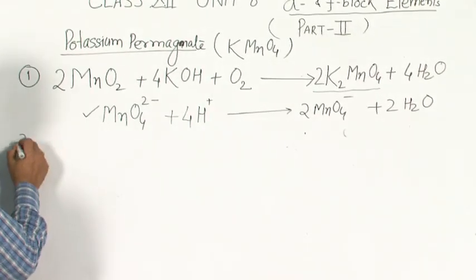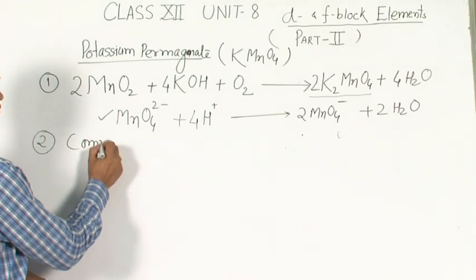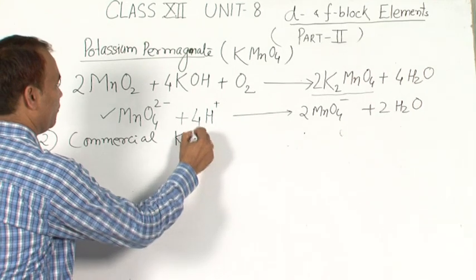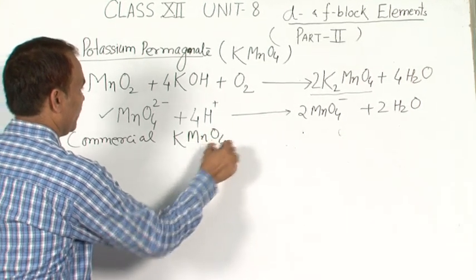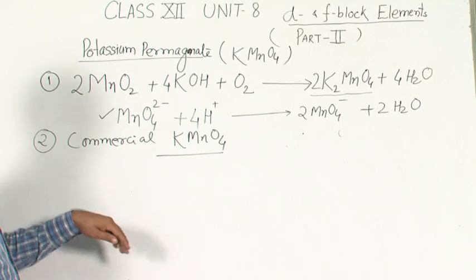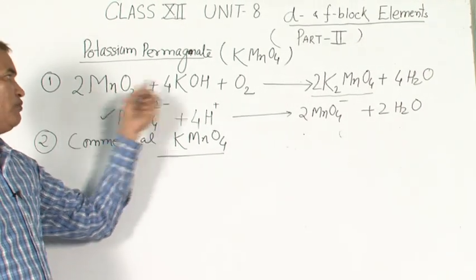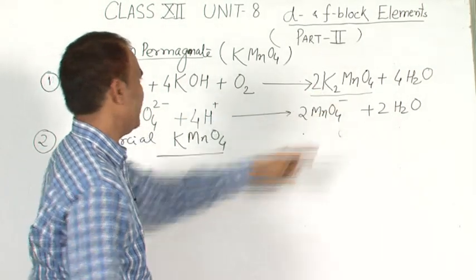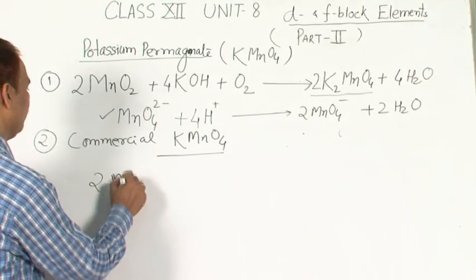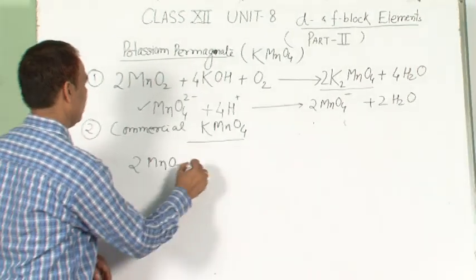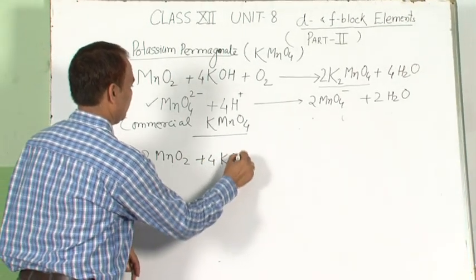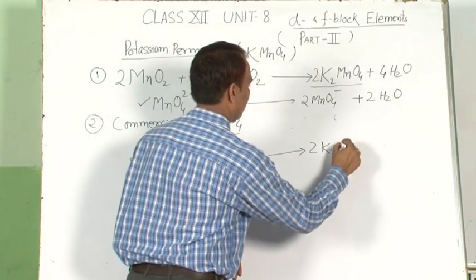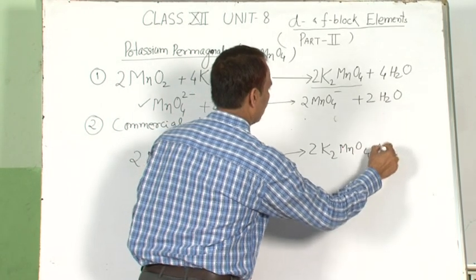The second method is the commercial method, the commercial preparation of KMnO4. Here again it is prepared by the fusion of manganese dioxide with potassium hydroxide to get potassium manganate. The first step is the same, giving K2MnO4 plus 4H2O.